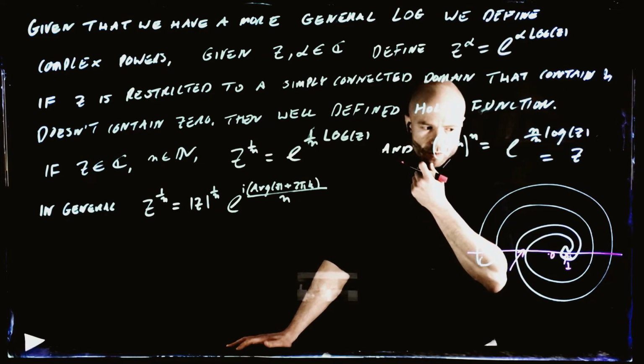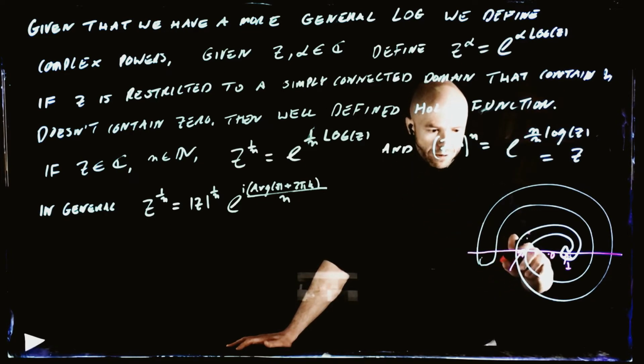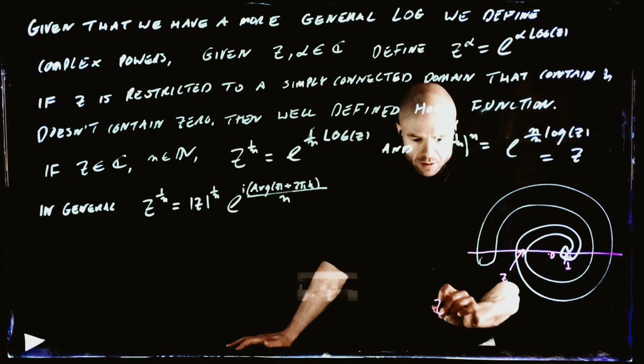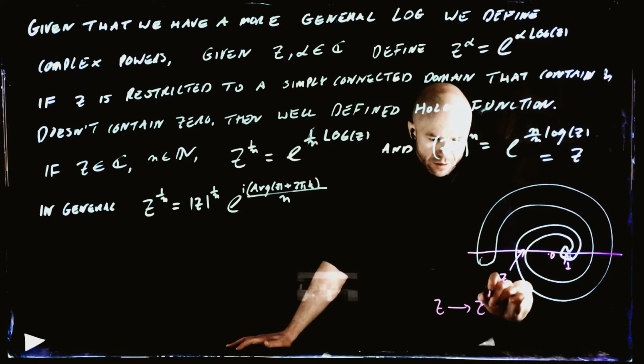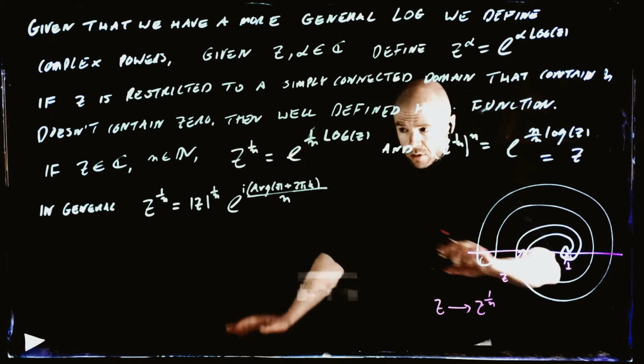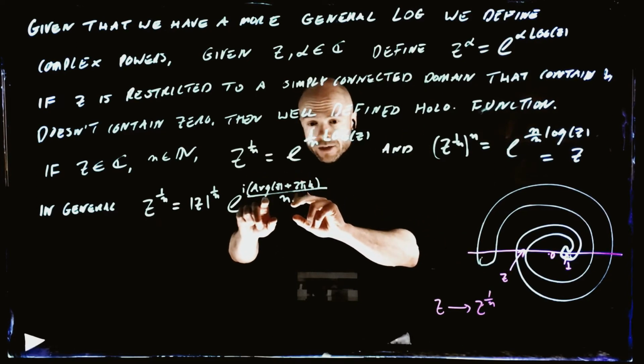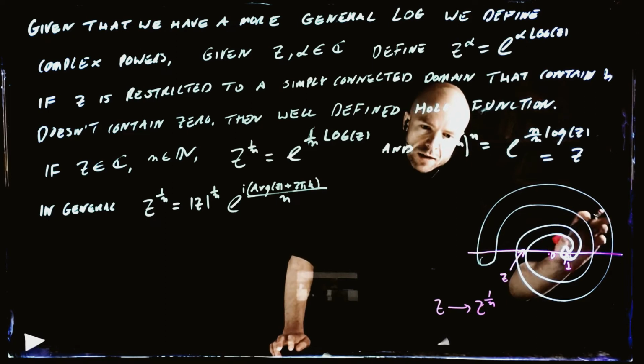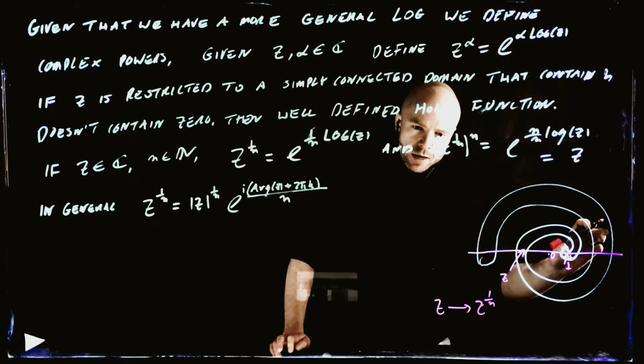So it's a root power, right? So z goes to z to the 1 over n. Yeah? So what this will do, it'll just take this pi divided by n. So this guy gets taken back over here, right? The angle is divided by n.